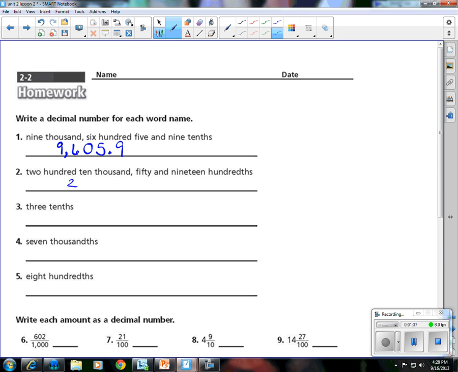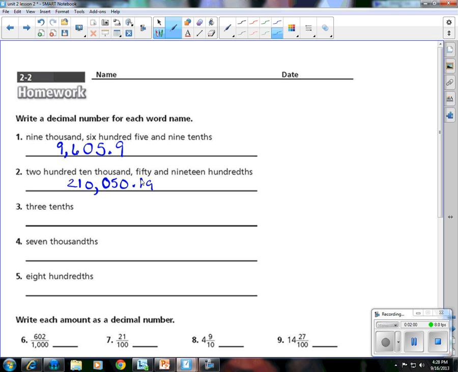210,000. So 210,000 tells me I need a comma. 50. Okay, 50, if I was just going to write 50 out, would go in the ones and the tens place value, but I have that hundreds place value, so I need to put a 0 there. Okay, and tells me a decimal, and 1900ths.